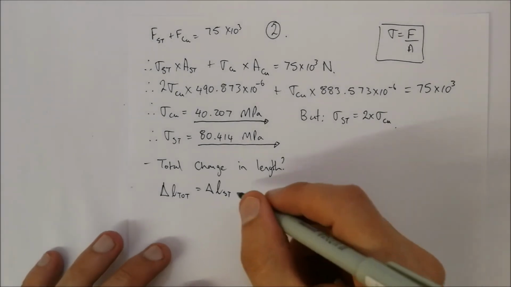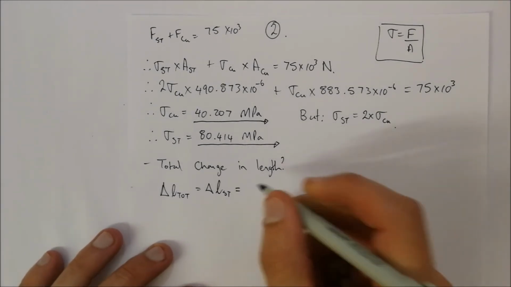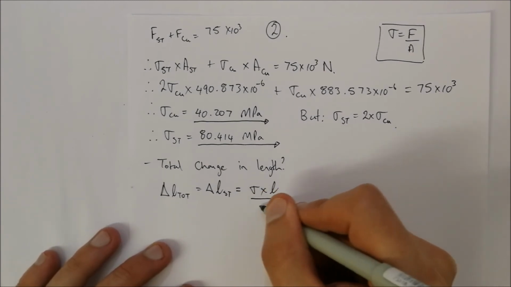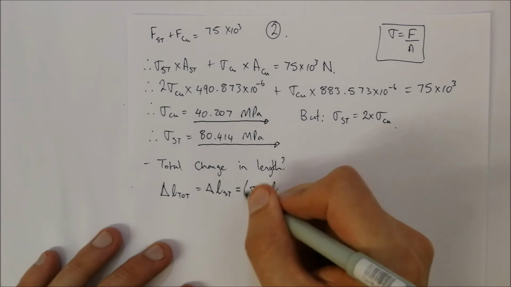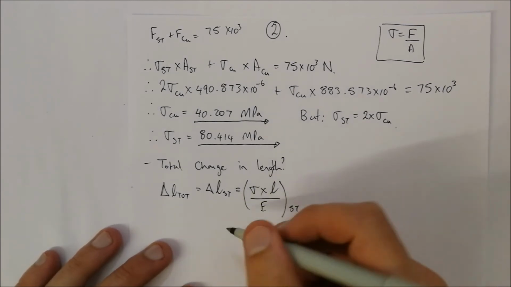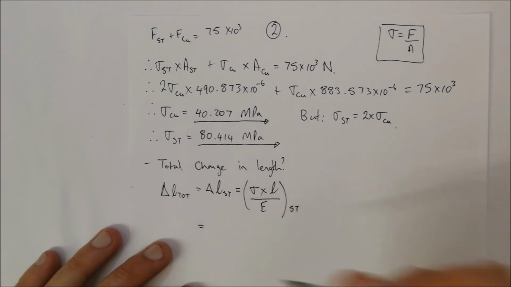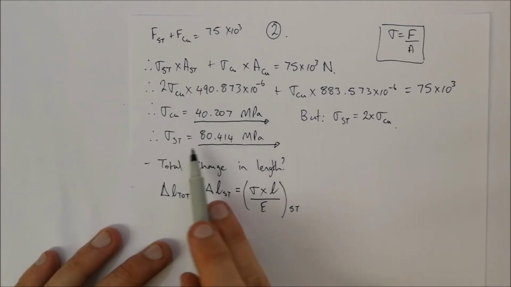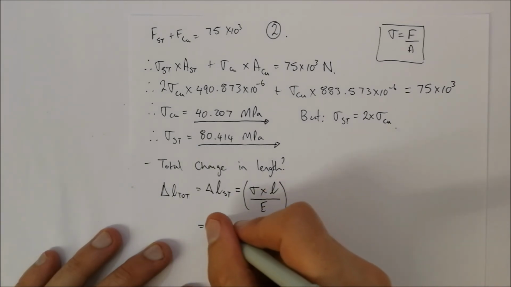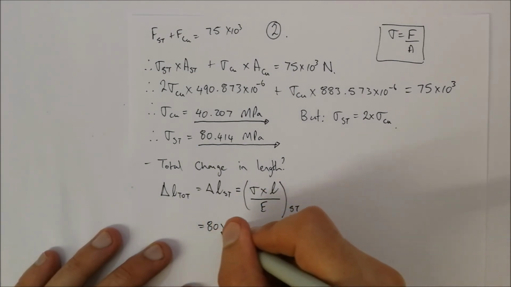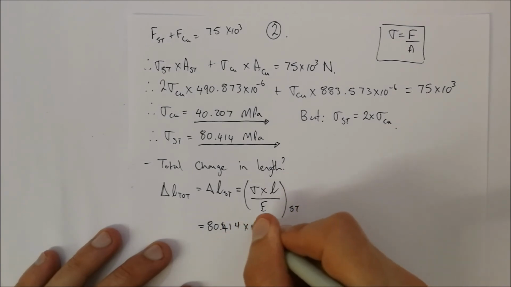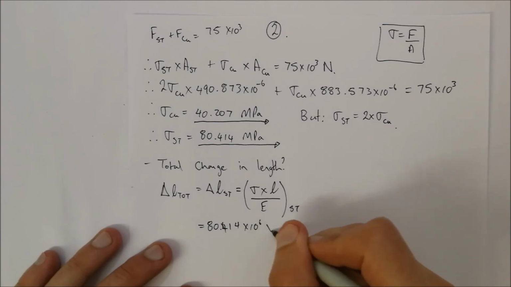So with that, we're going to say that's equal to the stress multiplied by the original length over E, and we are going to be looking at only the steel at the moment. So that's equal to the stress we've just calculated for steel, 80.414 megapascal, so that is 80.414 times 10 to the 6 multiplied by the length.